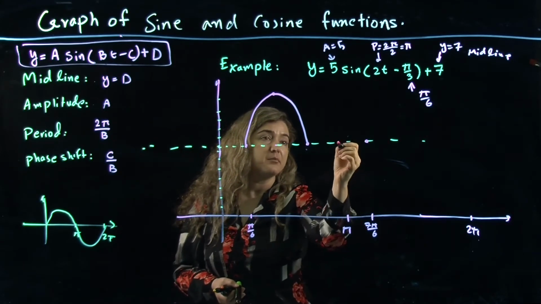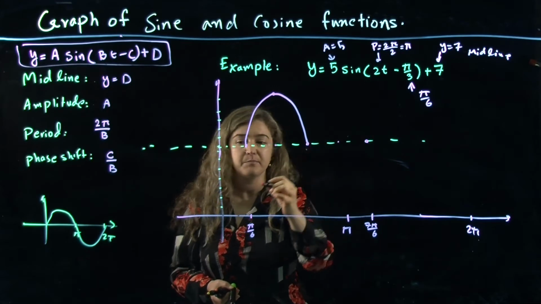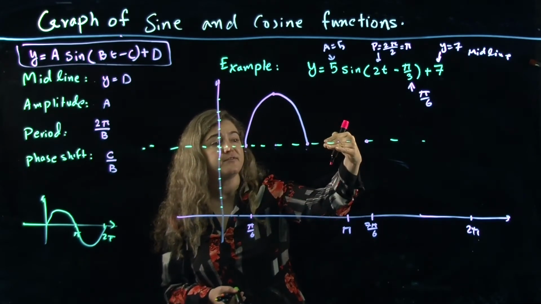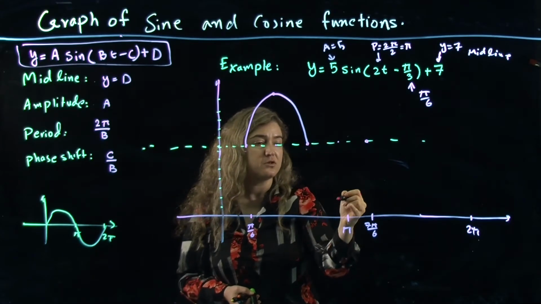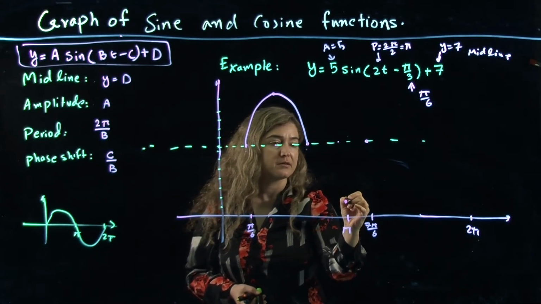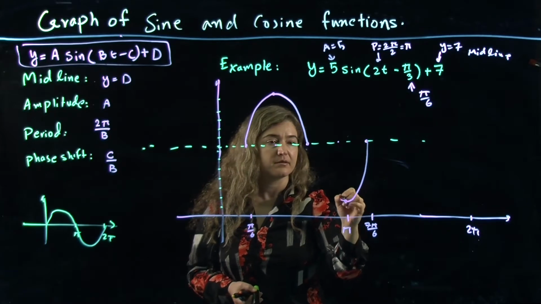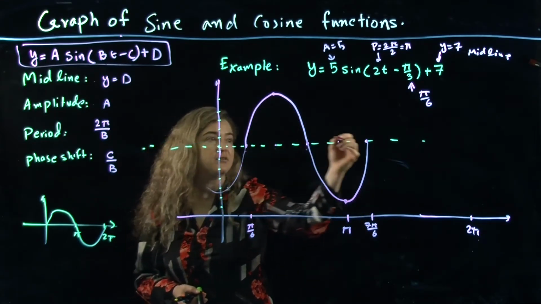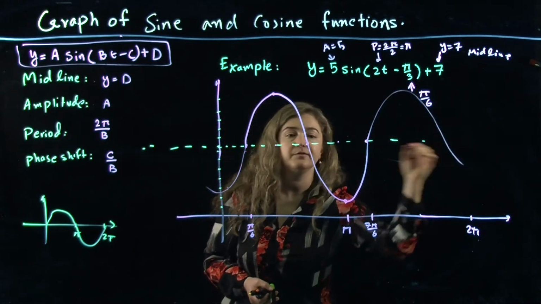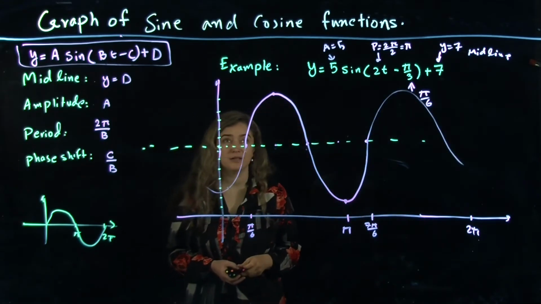And then somewhere in the middle, there should be a lowest part. And lowest part is 5 down, which from 7 down makes it 2 down here. And then this repeats itself, and that repeats itself, and it goes on and on and on.